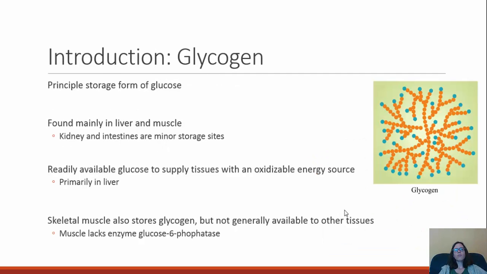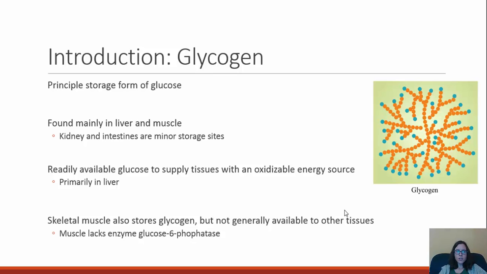So glycogen is our primary storage form of glucose. It's found mainly in the liver and the muscles, though the kidneys and intestines are also minor storage sites of glycogen. Now, the glycogen is a readily available source of glucose to supply the tissues with an energy source. However, that really refers to the glycogen that is present in the liver.